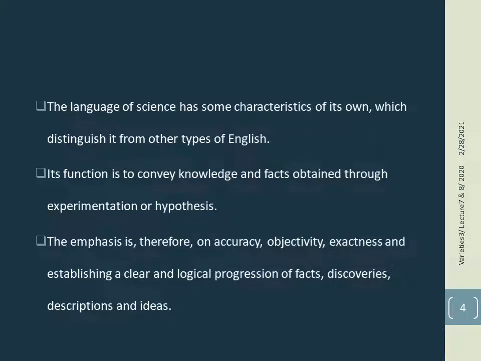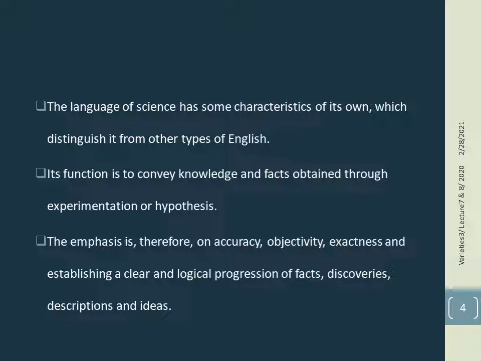The language of science has some characteristics of its own which distinguish it from other types of English. Its function is to convey knowledge and facts obtained through experimentation or hypothesis. The emphasis is therefore on accuracy, objectivity, exactness, and establishing a clear and logical progression of facts, discoveries, descriptions, and ideas.